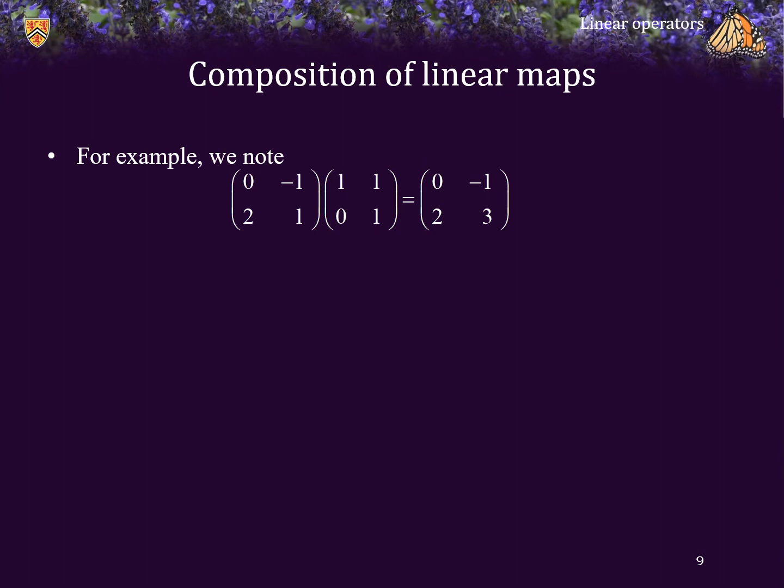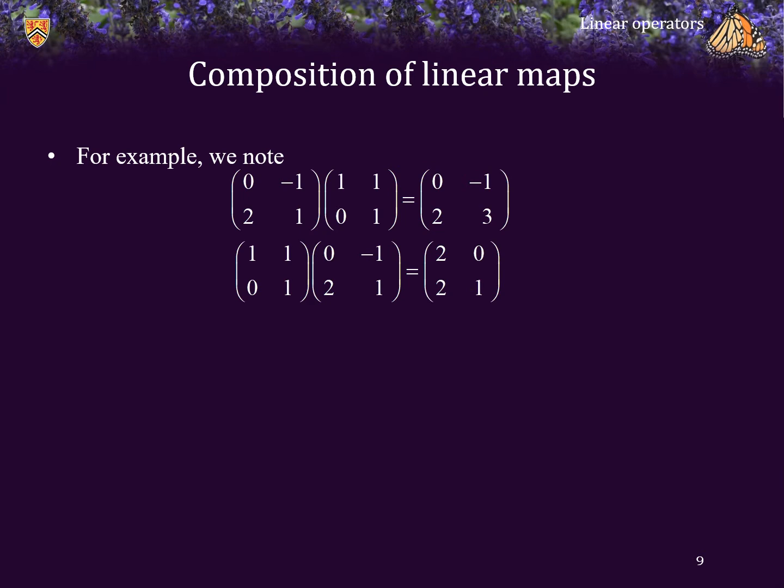For example, we note that 2 by 2 matrices represent all linear operators that map R^2 to itself. Consequently, we can determine the composition or multiplication of two such matrices. Here we have two such matrices, and when we multiply them, we get the matrix on the right, 0, -1, 2, 3.